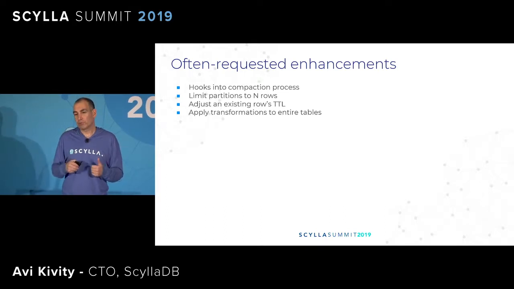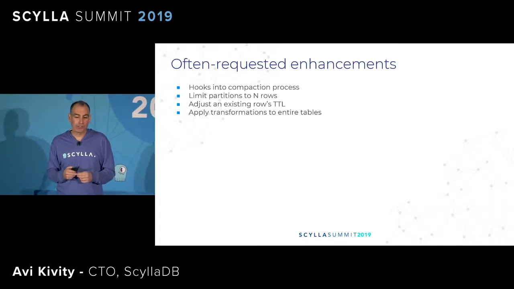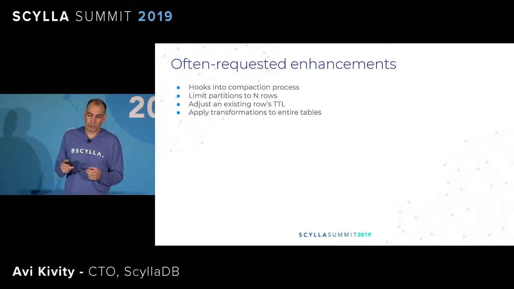It can do a full scan of the entire table, move all of the data, perform some transformation, and write the data back. And that works great, except that we're doing a huge amount of data movement, and you have to stand up a new cluster. And we would like to provide a way to do that within the database without all of that data movement. So let's see what we can do in order to satisfy all of those requests with one unified mechanism.